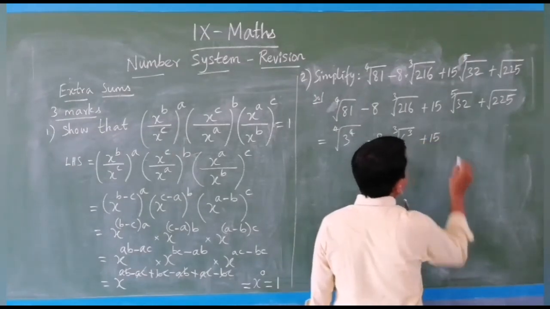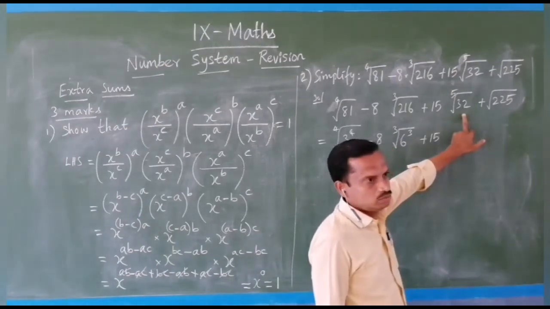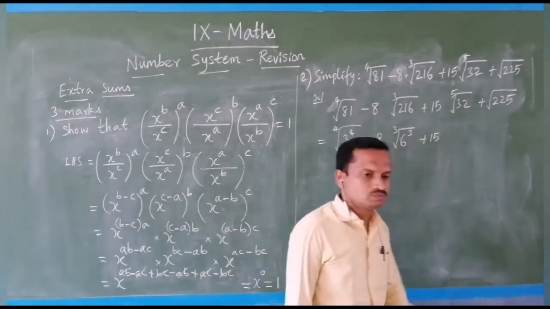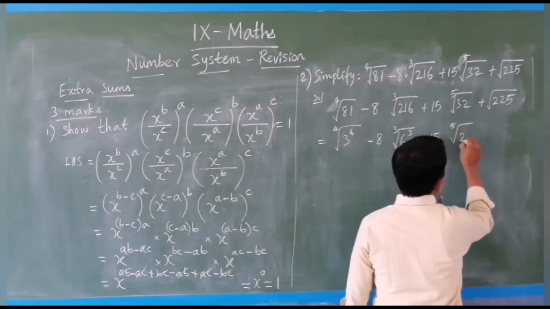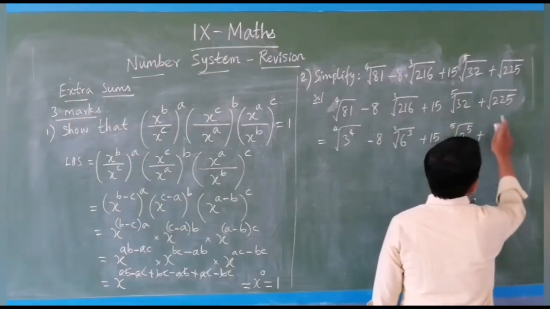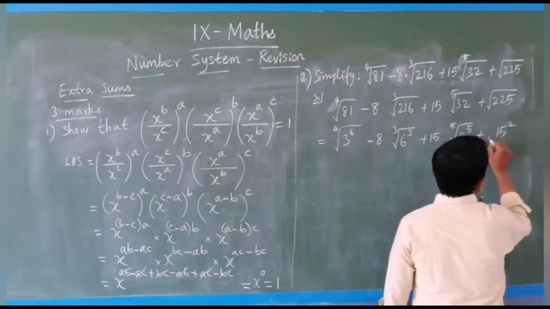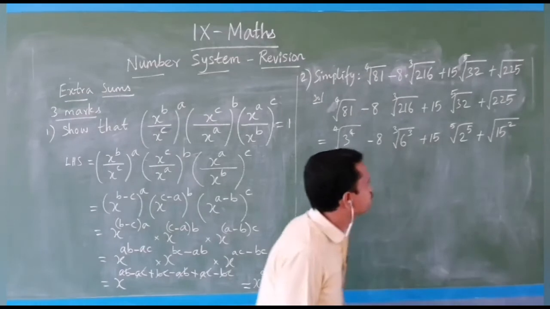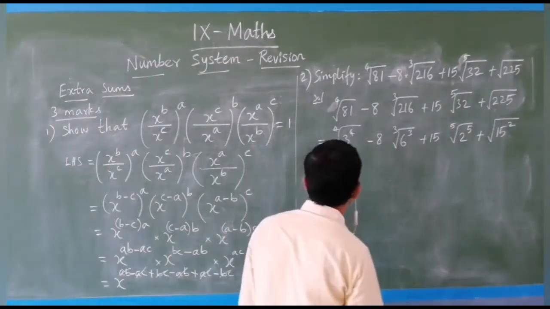Plus 15 into fifth root of 32. So 32 you have to change as 2 to the power 5, so fifth root of 2 to the power 5. And 225 is 15 square, square root of 15 square, or 15 into 15, anyway both are same.